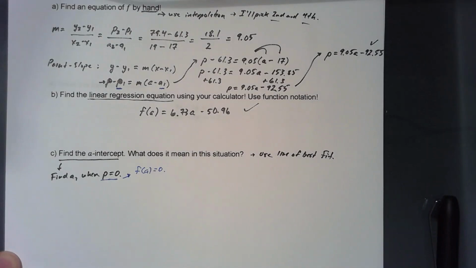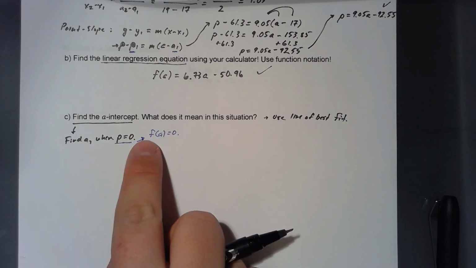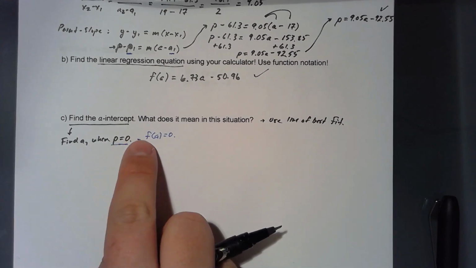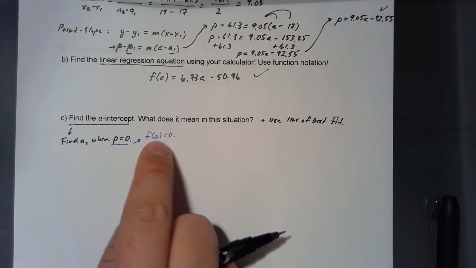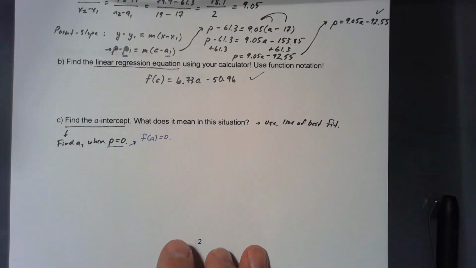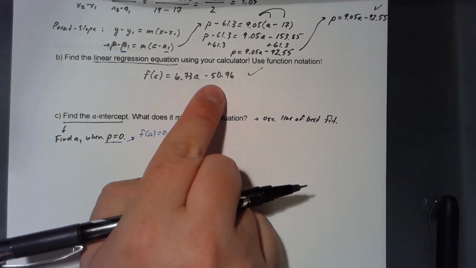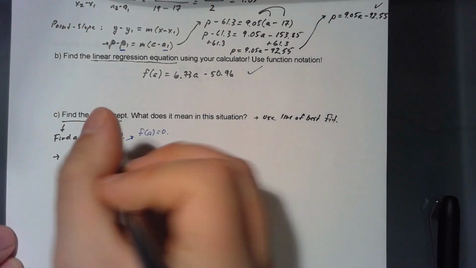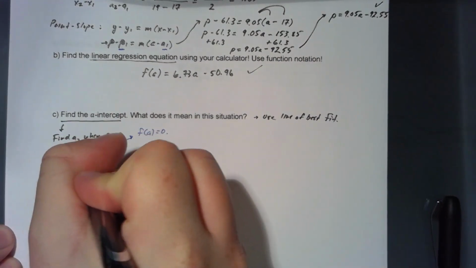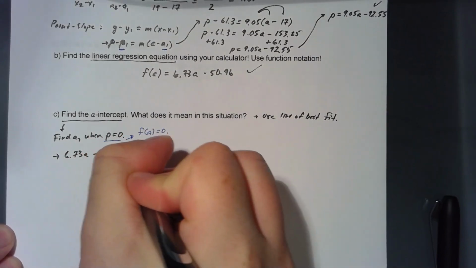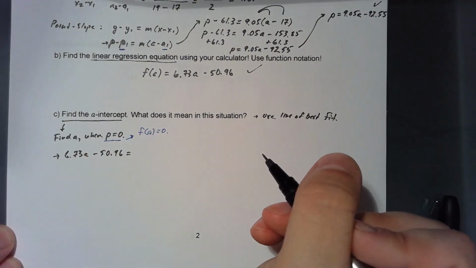So, because we're using function notation here, P is equal to the function at the input. Dependent equals f evaluated at independent. That's the function notation, if you remember from your notes. So just set this equal to 0 and solve for a to find the a-intercept. So when I do that, I get 6.73a minus 50.96 equals 0.